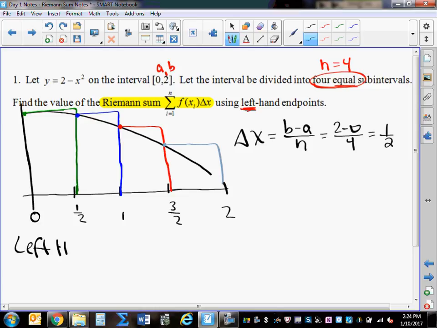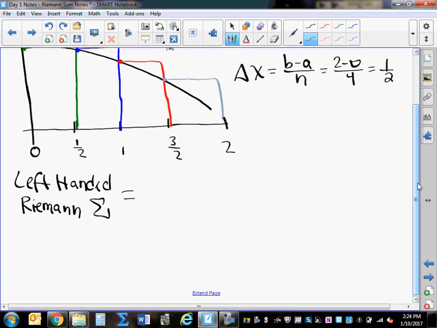All right, so my left-handed Riemann sum. I'm going to use the summation notation. Okay. My delta x times my height. So I have delta x times my height, which would be f of 0, plus delta x.